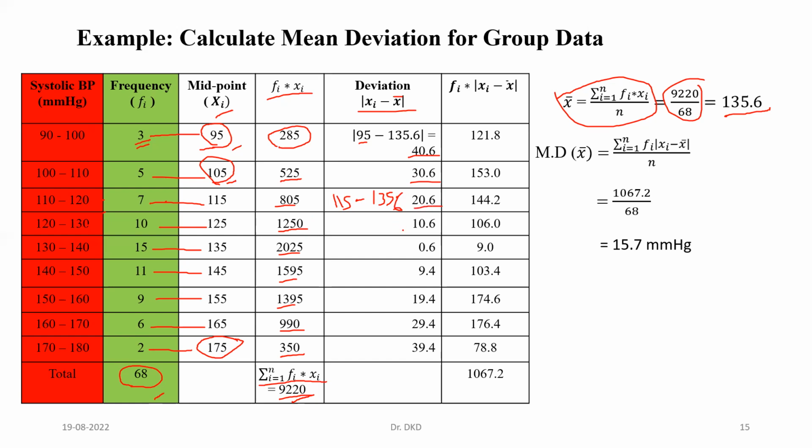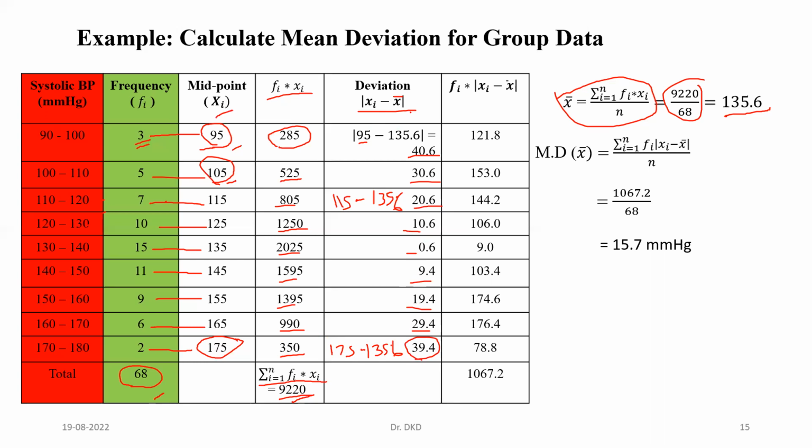Same way we get 10.6, then 0.6, then 9.4, then this value, and this value, and here 175 minus 135.6, we subtract and get 39.4. So this is the xi minus x bar column.